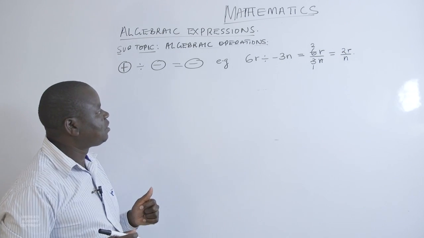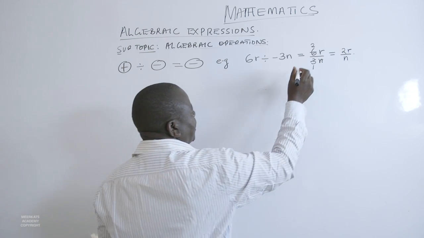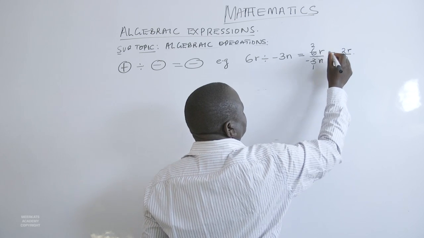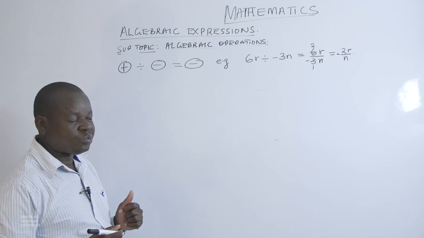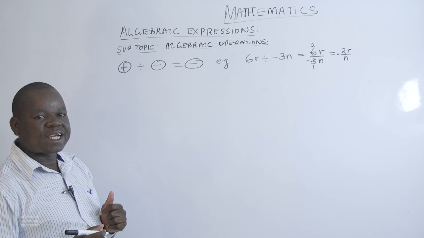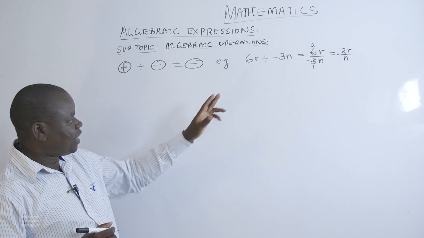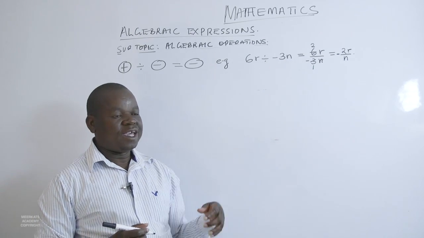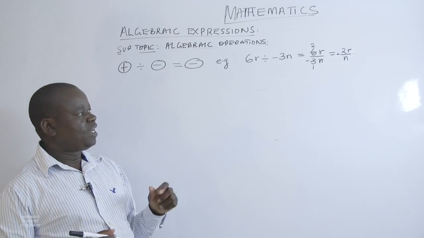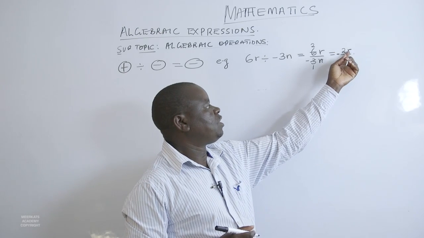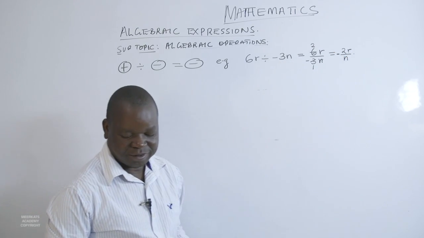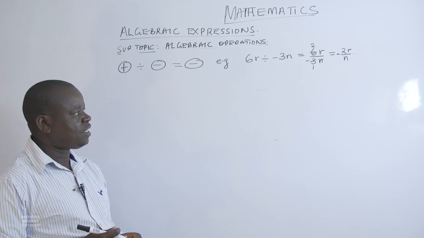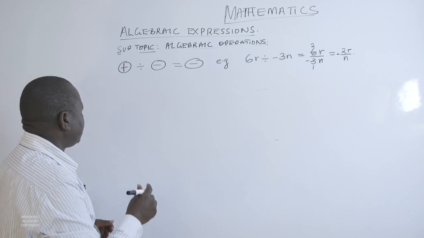That is the result. But because it was a negative, we write it as negative that. Negative 2r over n, because we are saying that 6r divided by negative 3n, the answer should be negative. So it will be negative 2r over n. So positive divided by negative, the answer is negative.